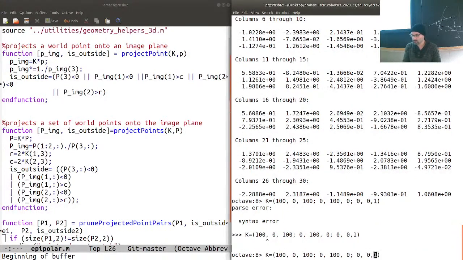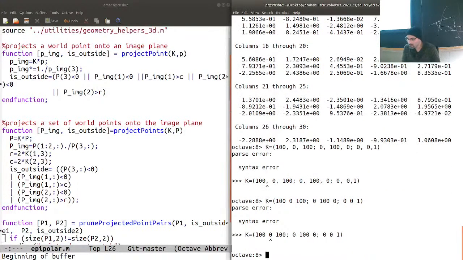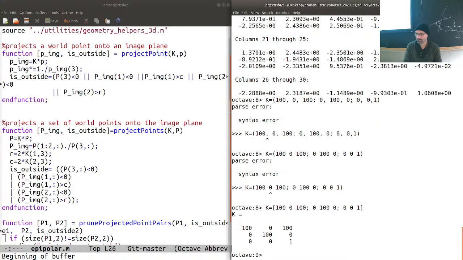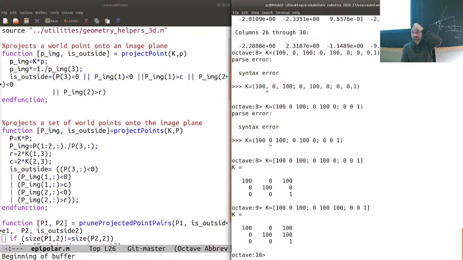Octave doesn't like the comma. I'm familiar with Octave. Maybe square brackets. Better. Okay. I have this fantastic thing, and what can I do?